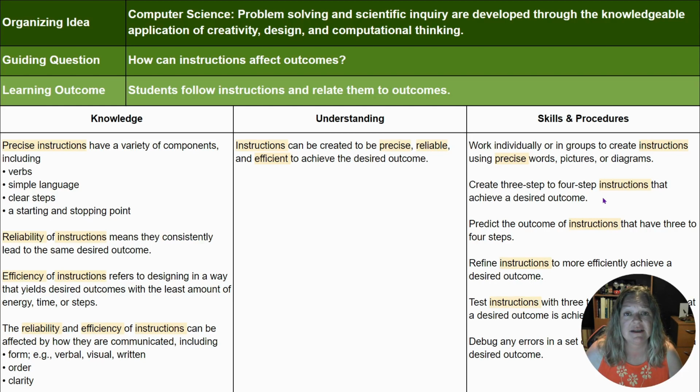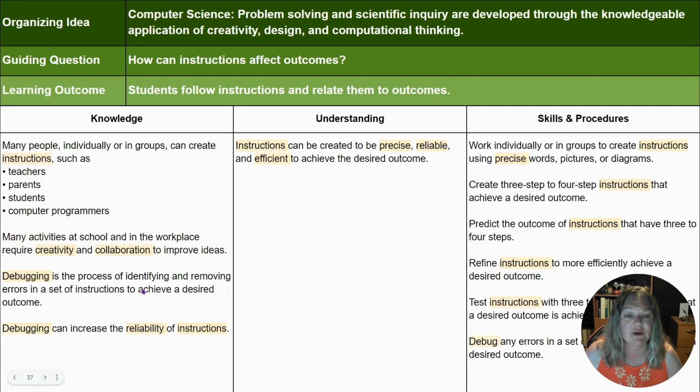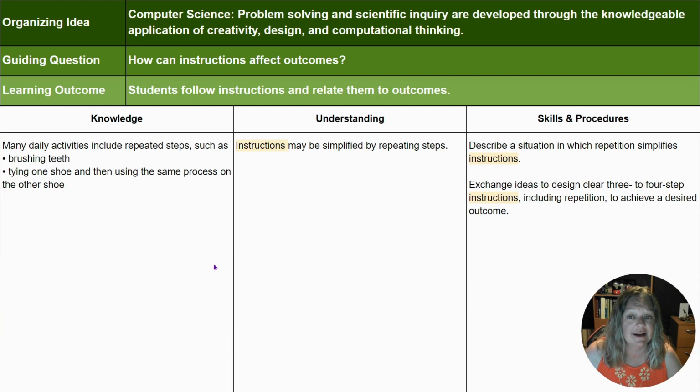They're doing predicting and refining and even looking at debugging their sets of instructions. So lots of information here for you to help inform the activities and the conversations that you're having with your students as they're working through and learning these different skills and procedures, and really getting in touch with computational thinking, design thinking, and using their creative thinking skills as well.